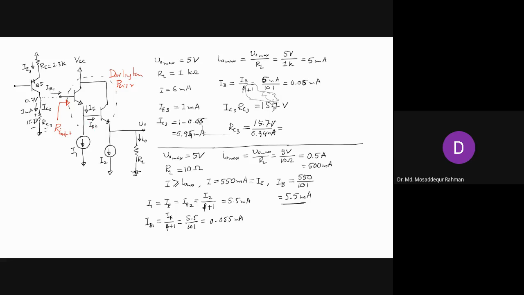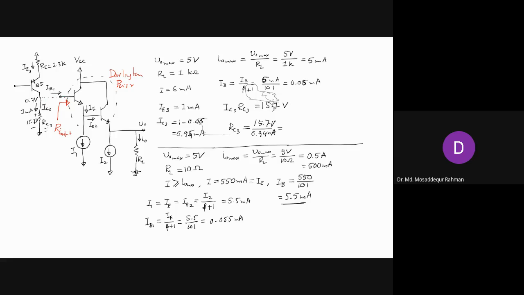So the Darlington pair will take care of this current when the output current is very high. It will supply this high load current to the load, and at the same time it will reduce the pressure on the previous stage to supply the high current.